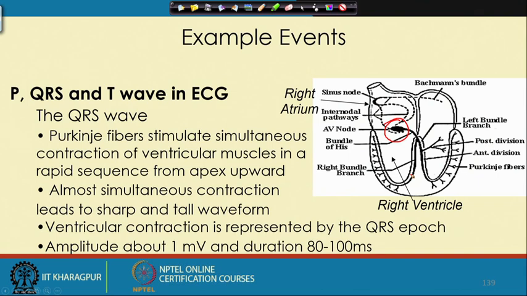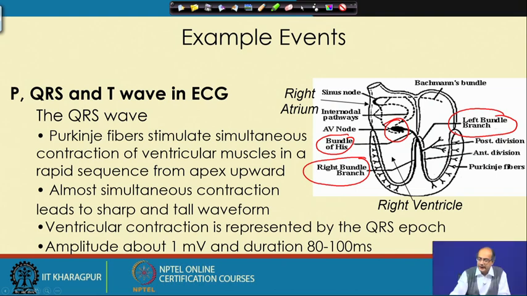When it goes into the ventricle, there are a number of nerves in the ventricle. First is the bundle of His, which carries the signal in the first part, then it has two branches, the right bundle branch and the left bundle branch. They help to distribute the signal in the two respective ventricles, and then there are smaller nerve fibers called the Purkinje fibers.